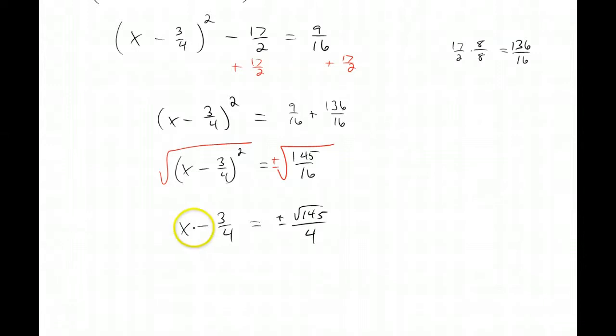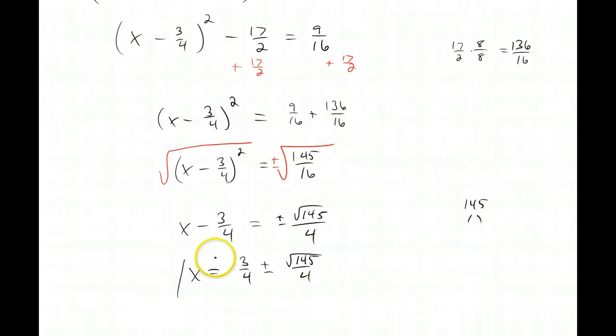But as I was saying, to get x by itself here, we need to add 3/4 to both sides of the equation. And we're going to get x equals 3/4, positive 3/4, plus and minus square root of 145/4. Again, you might have to simplify the square root of 145. I'd probably whip out a calculator or do a little factor tree over here to decide if that could be simplified. But essentially, that is your answer.